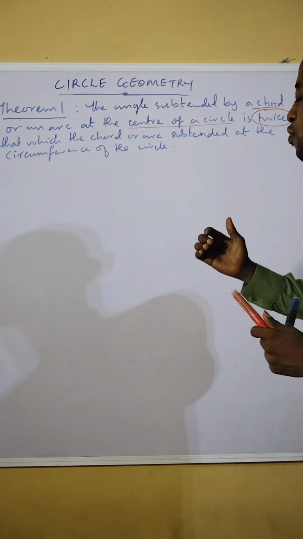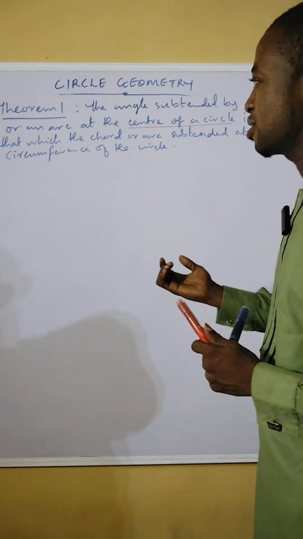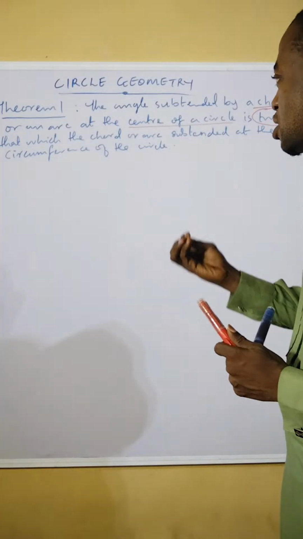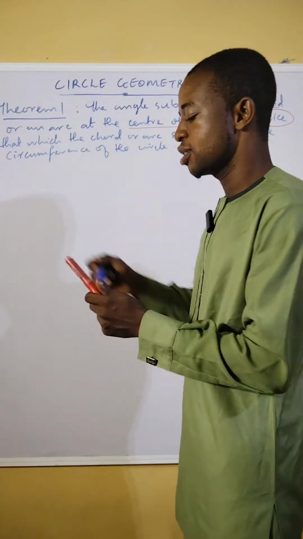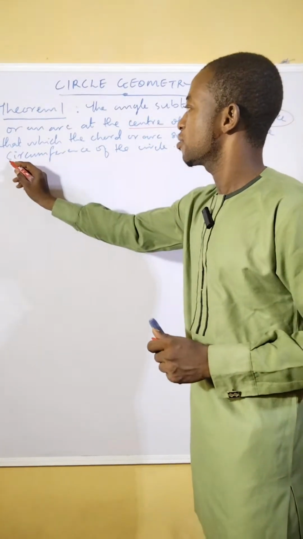So the angle that is formed at the center is twice that which the chord and arc subtend at the circumference. So we also have the angle at the circumference here by the same chord.